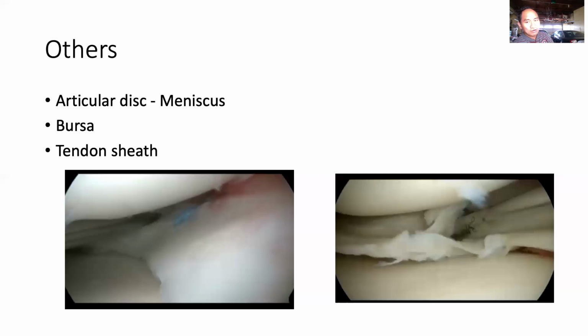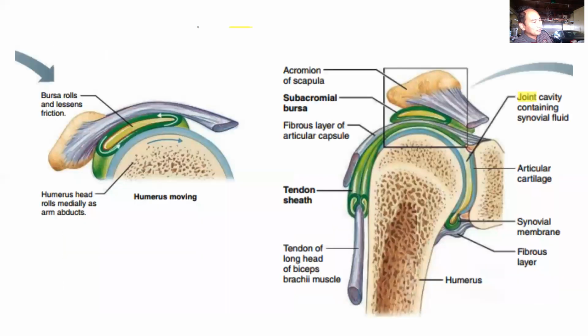There is another structure which is called bursa. An example of the bursa is around the shoulder. So these pictures show you the shoulder joint. As we know, this is the glenoid, this is the humerus, and this is the head of the humerus.